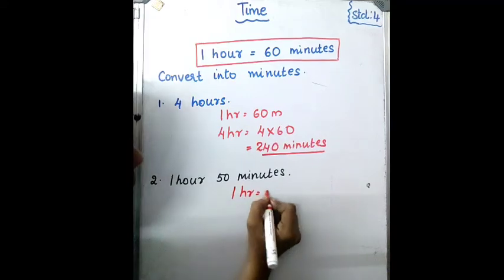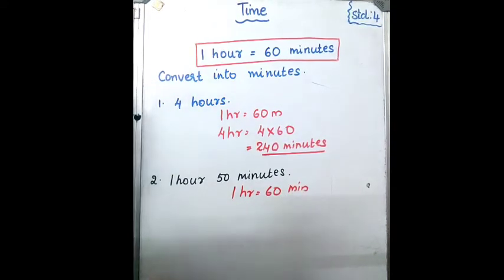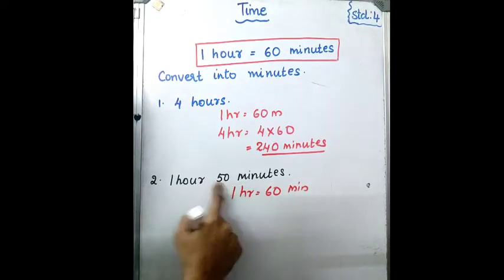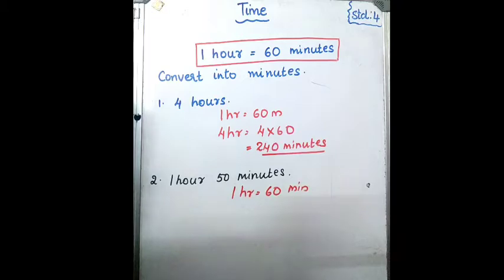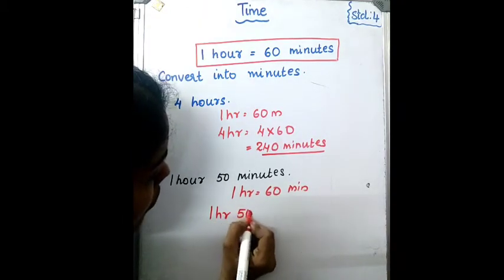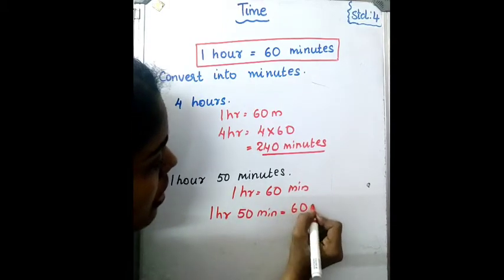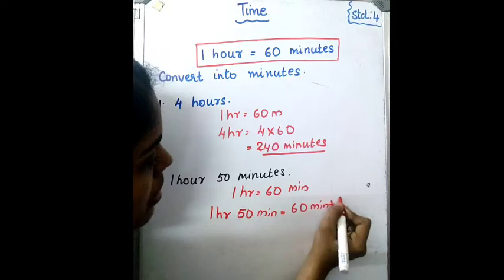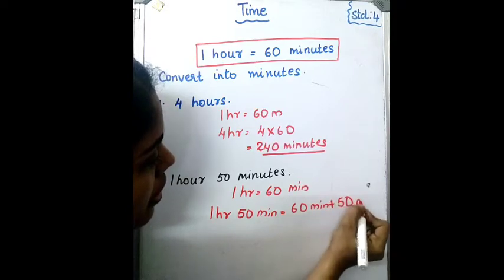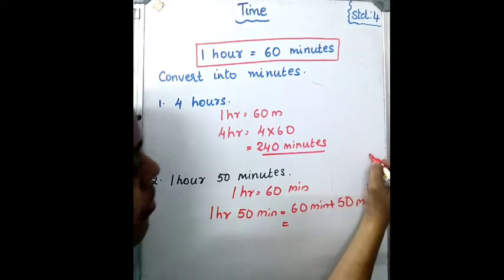Then 1 hour 50 minutes. 1 hour means 60 plus 50 minutes. 1 hour 50 minutes equal to 60 minutes plus 50 minutes equal to 60 plus 50.